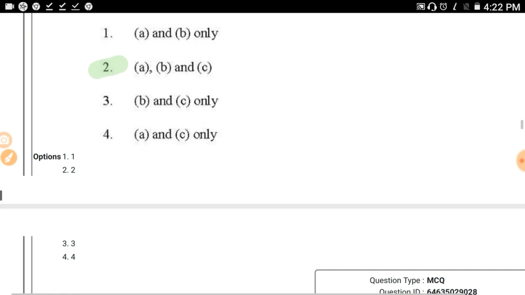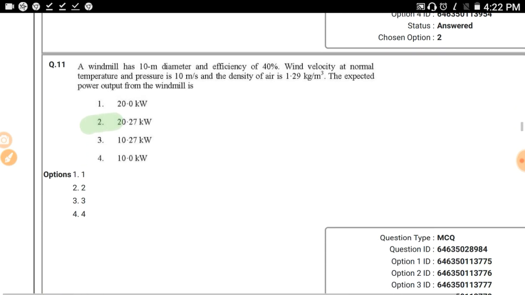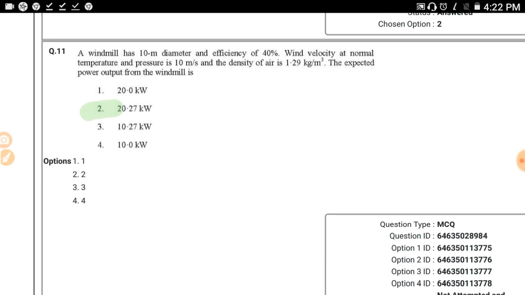Next question. A windmill has 10-meter diameter and efficiency of 40%. Wind velocity at normal temperature and pressure is 10 meter per second, and the density of the air is 1.29 kg per meter cube. The expected power output from the windmill is how much?